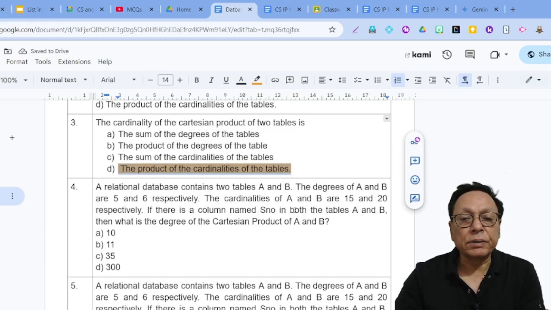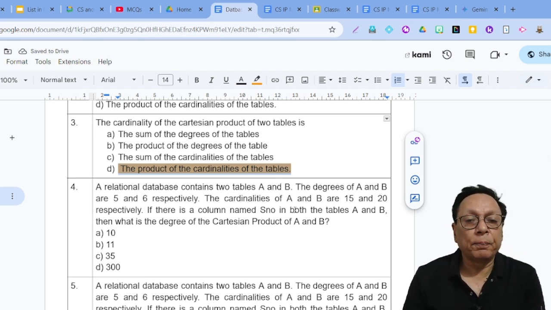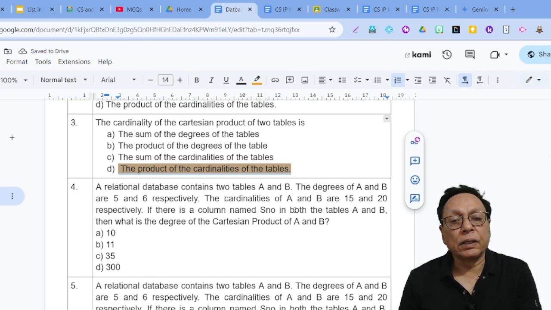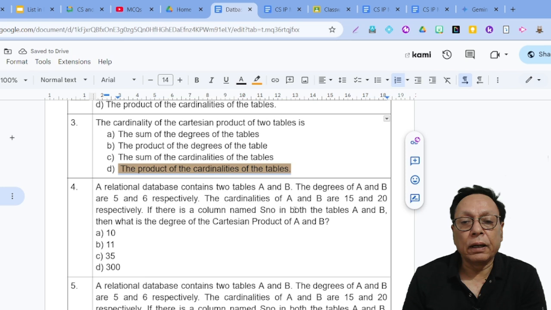A relational database contains two tables A and B. The degrees of A and B are 5 and 6, meaning the number of columns in one table is 5 and in the second table is 6. So after Cartesian product, the degree of the table should be 11. The cardinalities of A and B are 15 and 20 respectively.